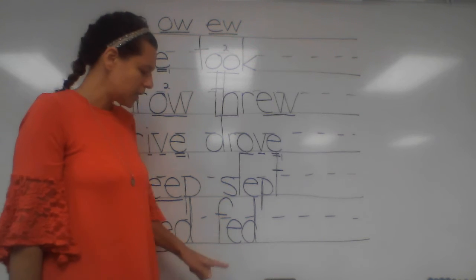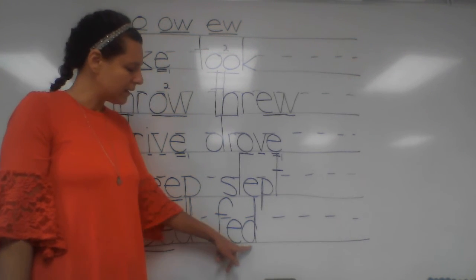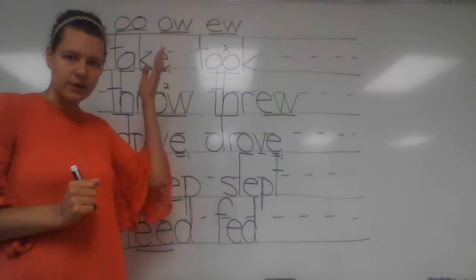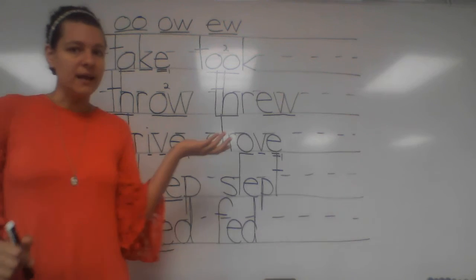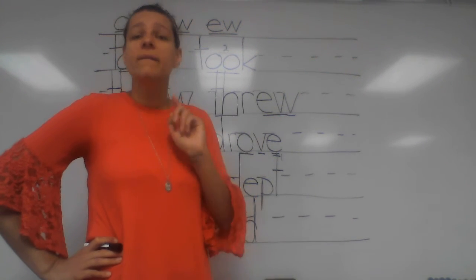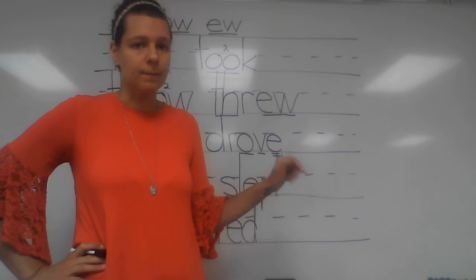Good. Let's mark it. Does this need a marking? No. No. And no. All right, class, are these verbs that we just reviewed regular or irregular? Very good. These are all irregular verbs.